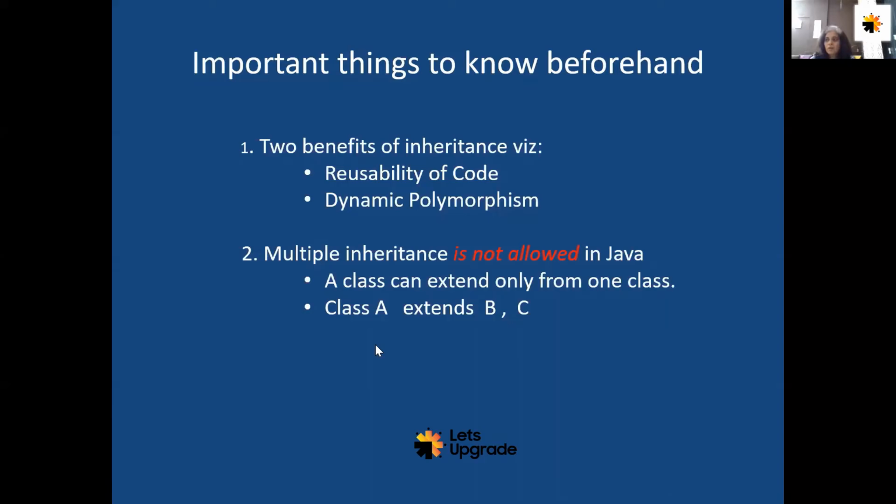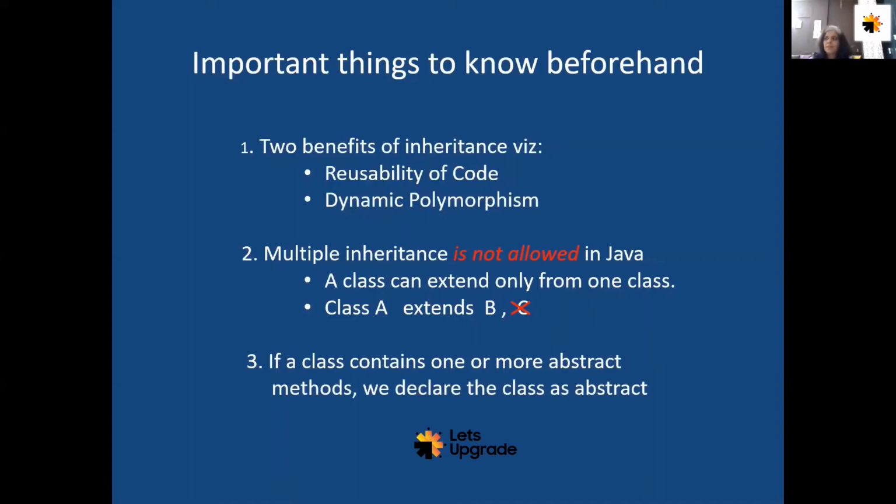So if I'm trying to write class A extends B comma C, that is not allowed. If a class contains one or more abstract methods, then we have to declare that class as abstract. If you are not comfortable with those points, my advice would be to go and explore them more and then start with interfaces.